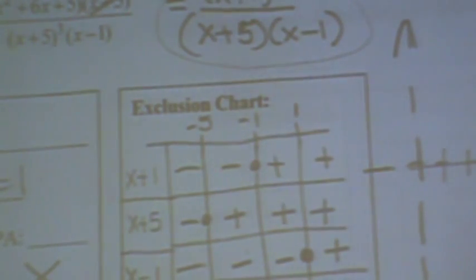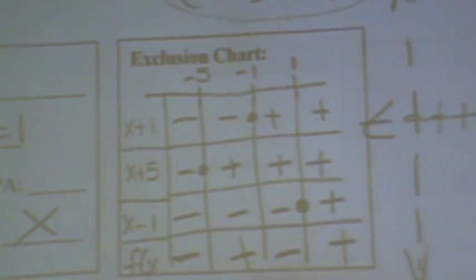This is bottom heavy, y equals 0. Y-intercept at 0. If you put a 0 here, a 0 here, and a 0 here, 0 plus 1 is 1, 0 plus 5 is 5, and 0 minus 1 is negative 1, so it's negative 1/5. Right? Anyone get something different?